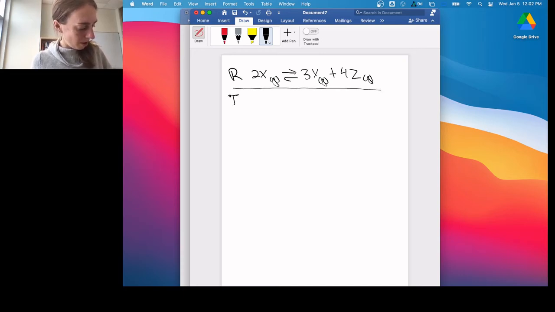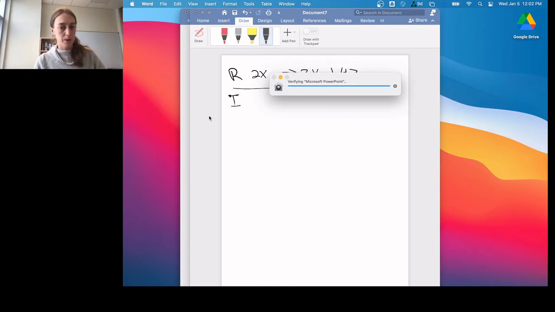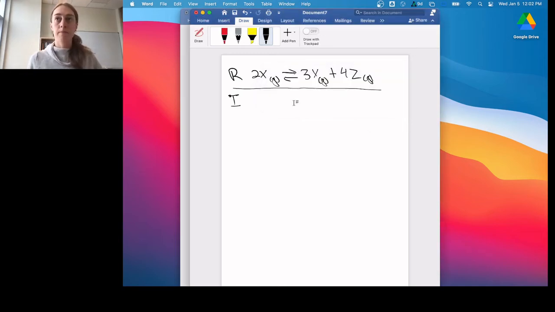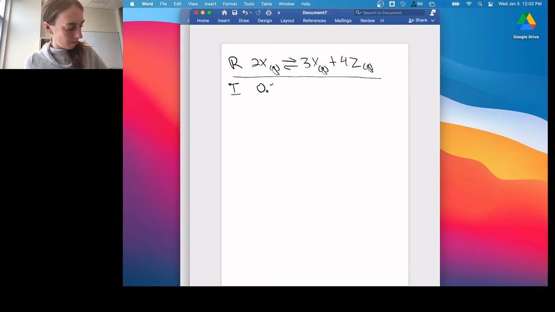And initially, we were told that we have 0.5 moles of X. And based on the problem, it implies that we have 0 moles of Y and 0 moles of Z.